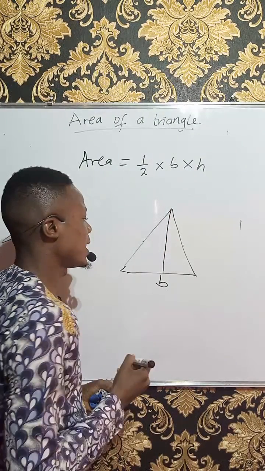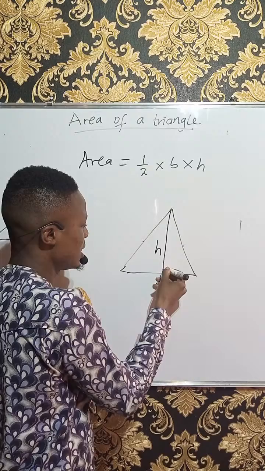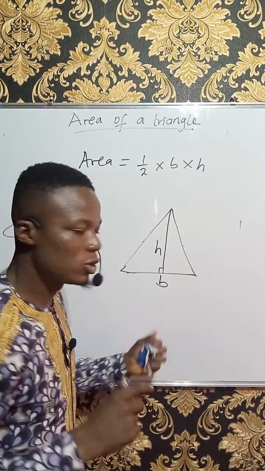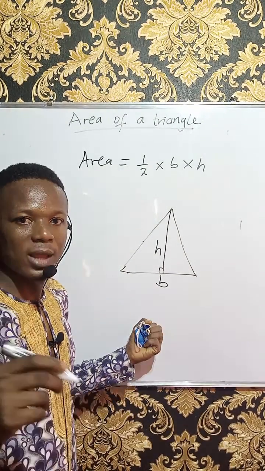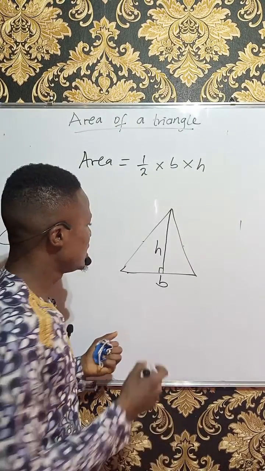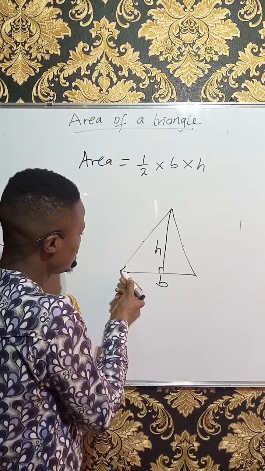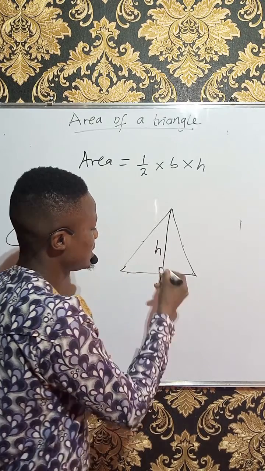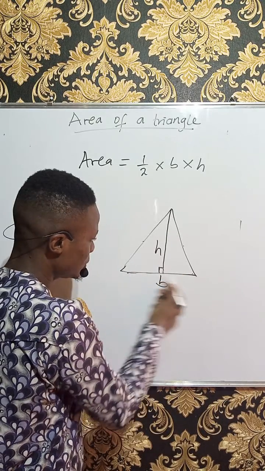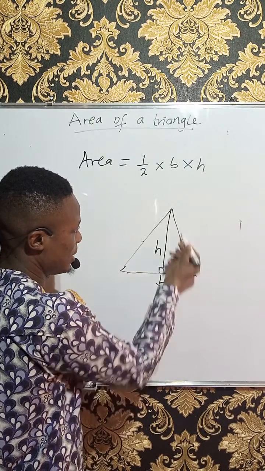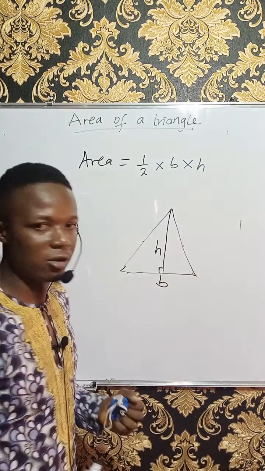So this is the height of this triangle, and this height is always perpendicular to the base of the triangle. When I say perpendicular, I mean that it must be at a right angle to the base. So this particular part that is flat, where the other part lies, is known as the base of the triangle.